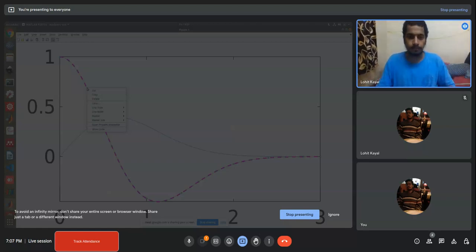Now let's check if this is working or not. You can see that this blue one is the original curve.